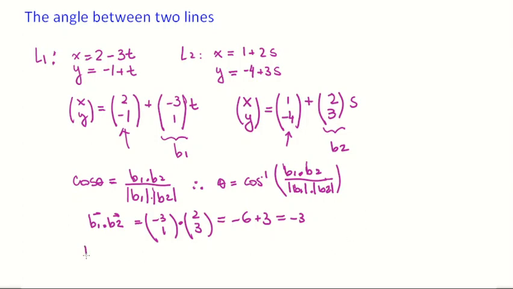Now the magnitude of B1: root of, what are the coordinates of B1? Negative 3 and 1. So negative 3 squared is 9, 1 squared is 1. So that's root of 10. Our second vector B2, the magnitude is 2 squared, that's 4, plus 3 squared, that's 9. So that's root of 13.